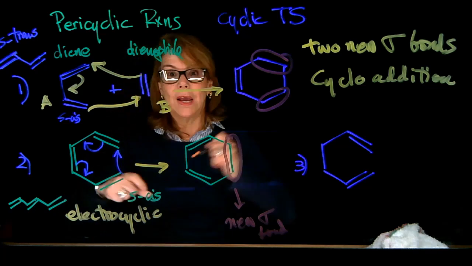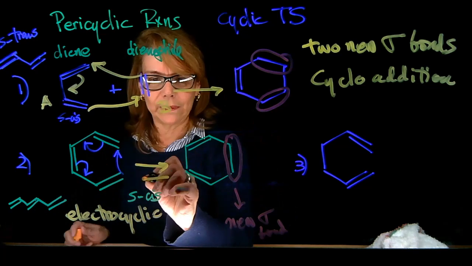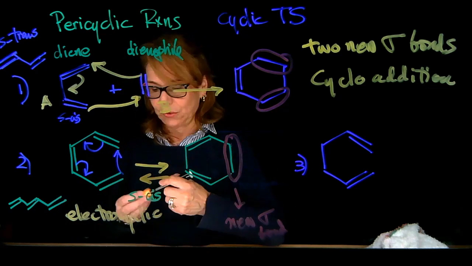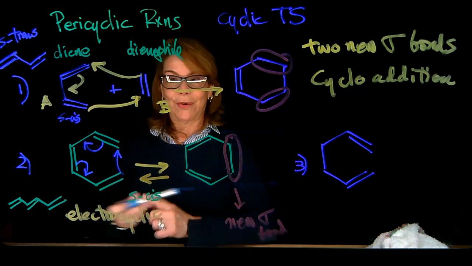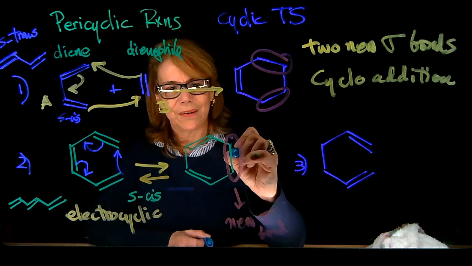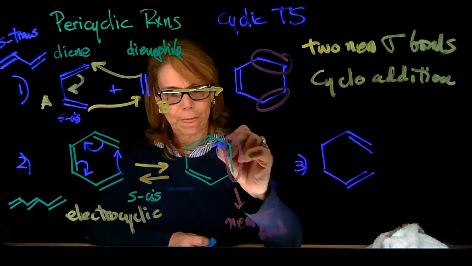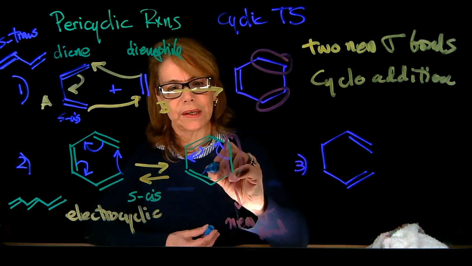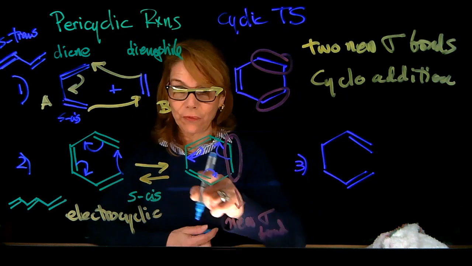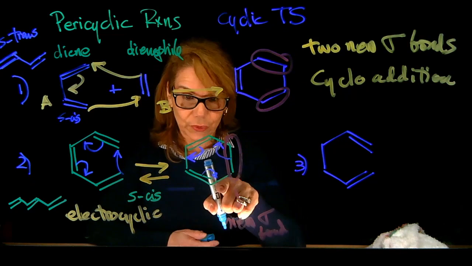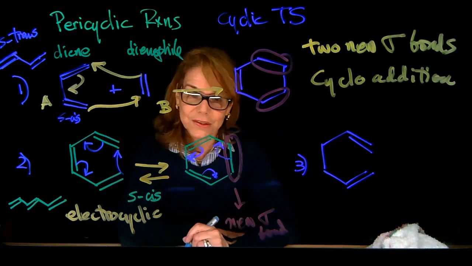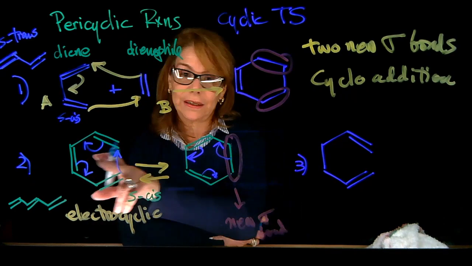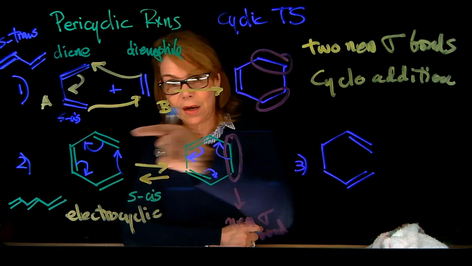Electrocyclic reactions can happen both ways. If it happens the other way, we just draw the arrows the other way around and we break this bond. We move that, again, in a cyclic transition state. And notice, after doing this, the arrow is that. So this is electrocyclic ring closing and ring opening.